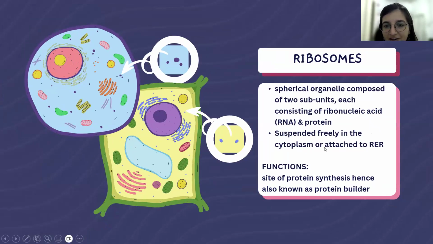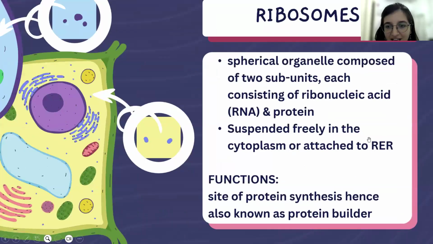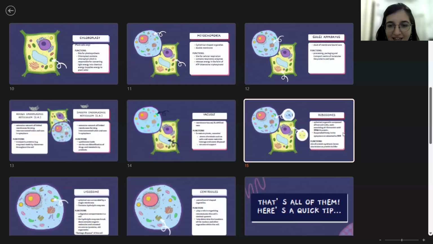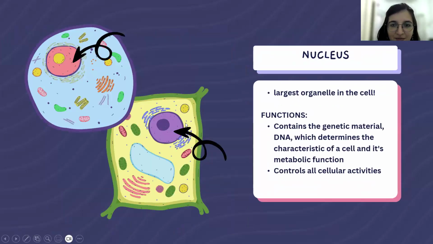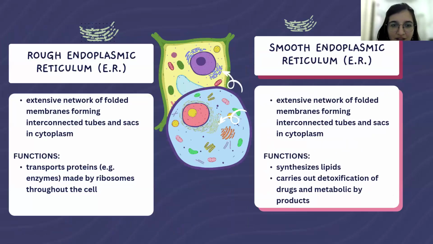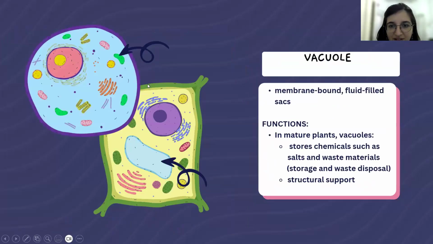And again, a reminder that some are attached to the rough endoplasmic reticulum, the RER. And in case you forgot what the rough endoplasmic reticulum is, it's this one. Where did it go? Oh, here, the rough endoplasmic reticulum, these parts and these parts. So the dots here are the ribosomes.